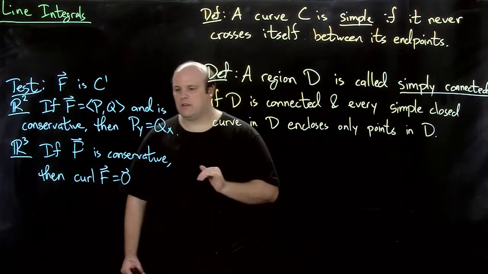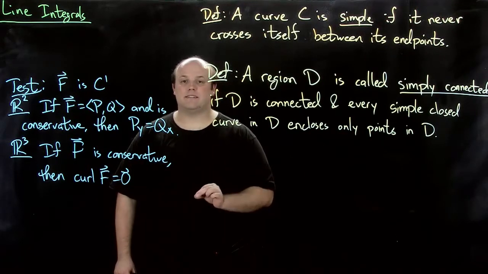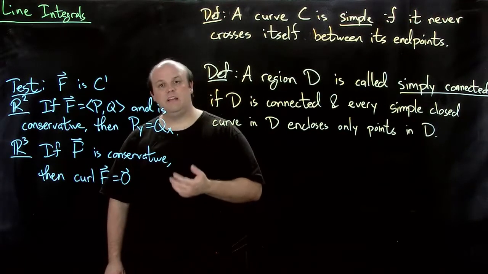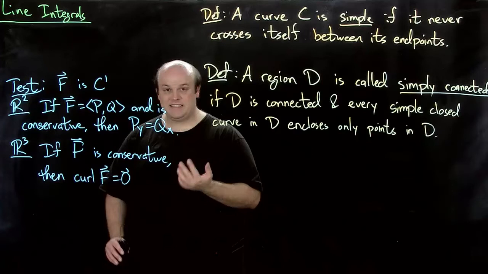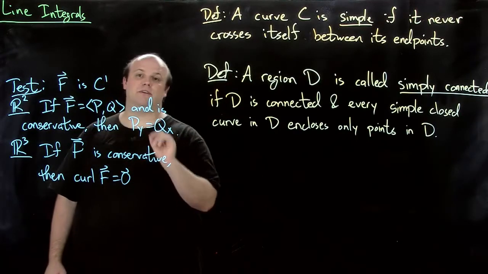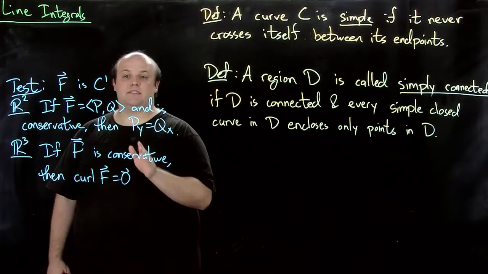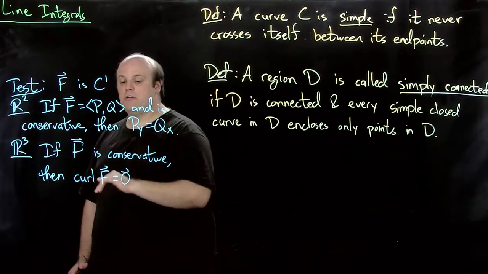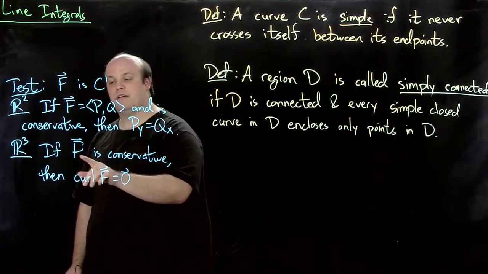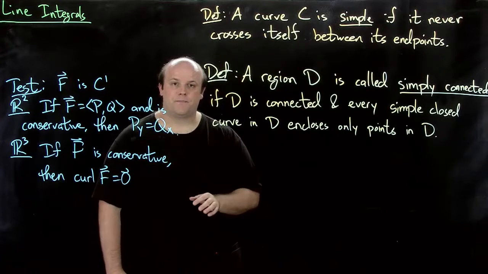Well, that doesn't help us figure out whether a vector field is conservative. It helps us figure out whether a vector field isn't conservative, though, because if Py is not equal to Qx, then this certainly isn't conservative. And if the curl of F isn't 0, then the 3D vector field certainly isn't conservative.